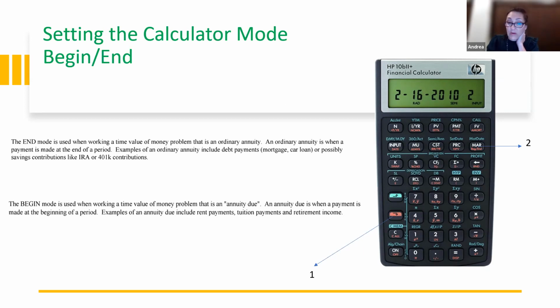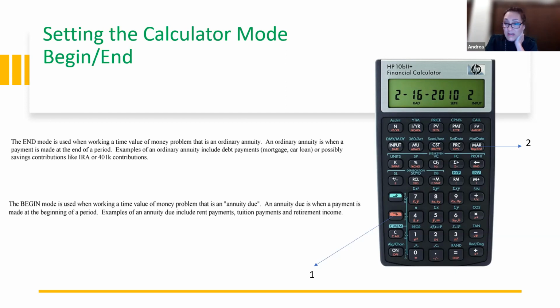When you go through college funding questions, Ben will go through the different methods, and sometimes you do beginning, sometimes you do end, but for the most part, this is your general rule of thumb. Ben, feel free to interrupt me if you have anything to add.